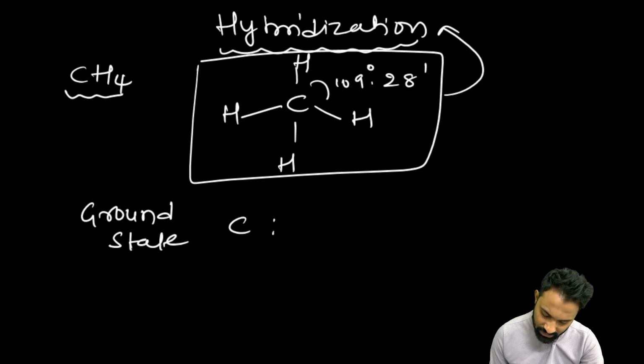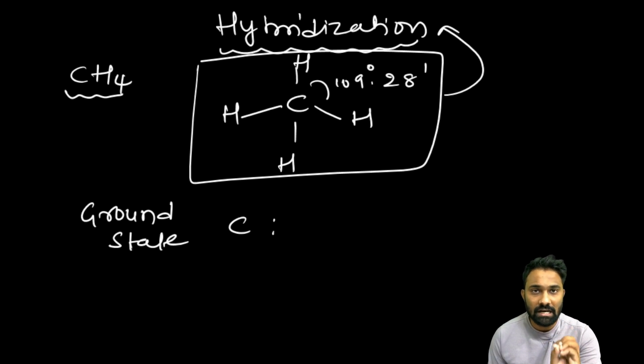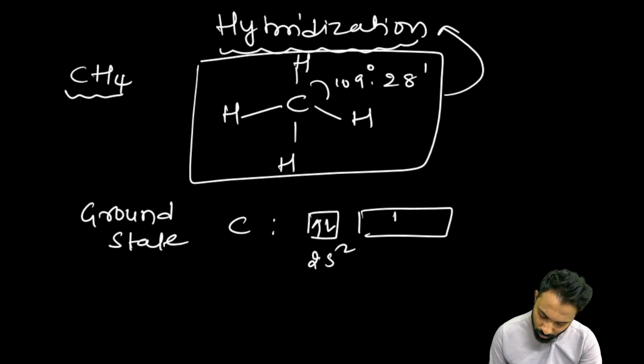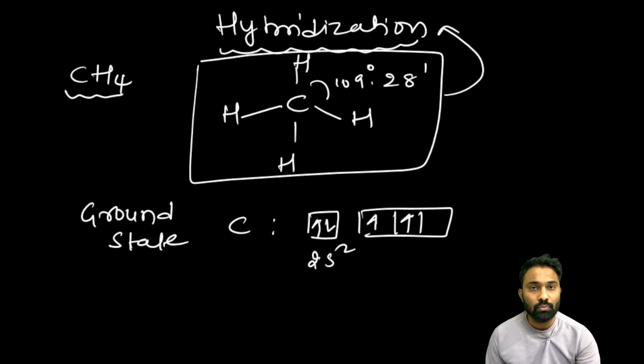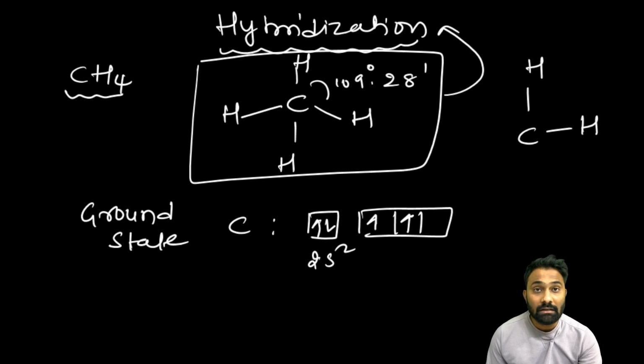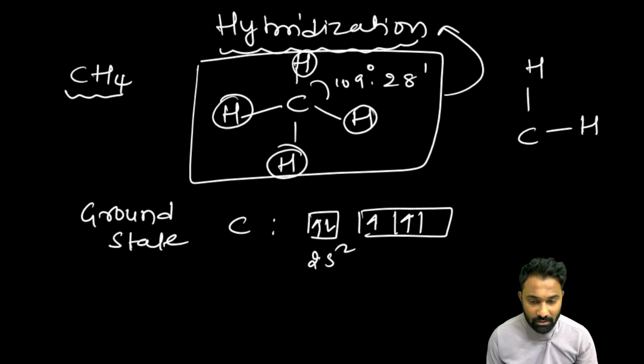Only valency electrons participate in bond formation, as already explained. Then the ground state valency electronic configuration of the carbon will be 2s2, 2p2. As per this VBT, this carbon should form two bonds. But when the four hydrogens try to form a bond with the carbon, how many hydrogens form a bond? 4.